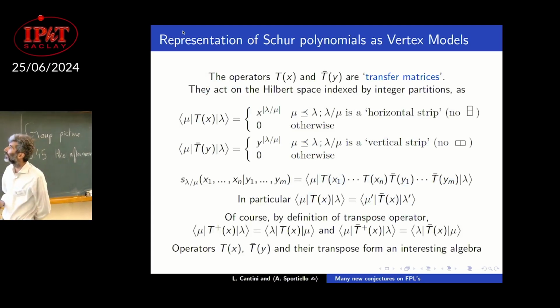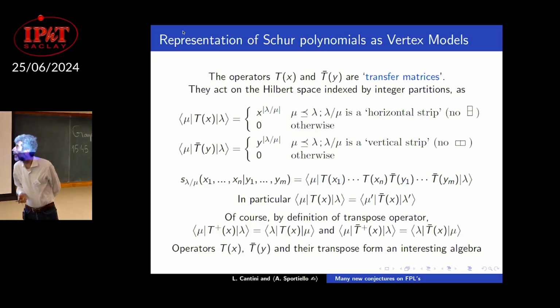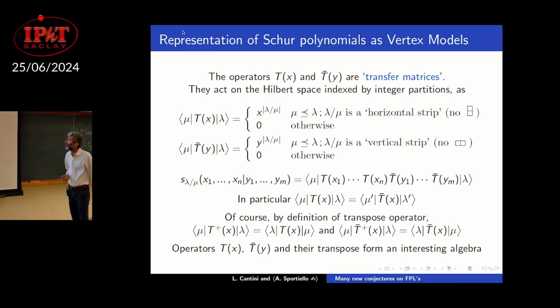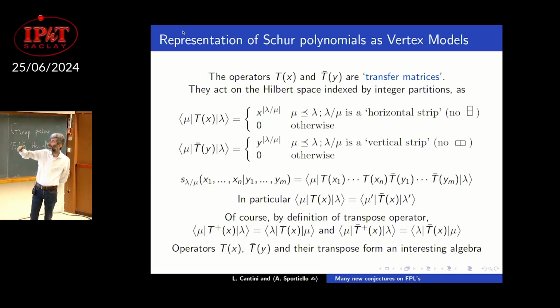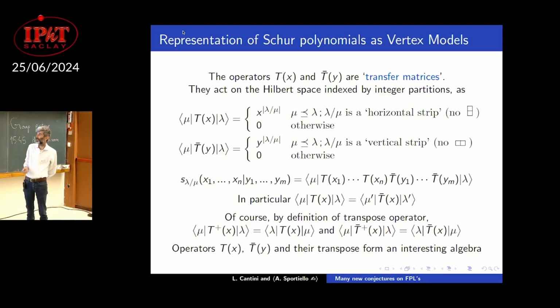The same happens for the semi-standard rules on the weights. The normal way of telling the rules is that you go up by one single layer by adding horizontal or vertical strips, according to whether you use t or t bar, to the integer partition. So you have an algebraic formulation of S_lambda/mu in terms of a bracket of operators which are transfer matrices, in a sense.